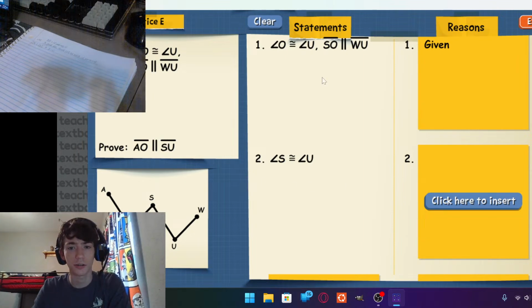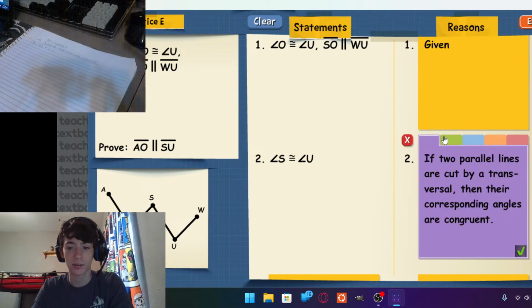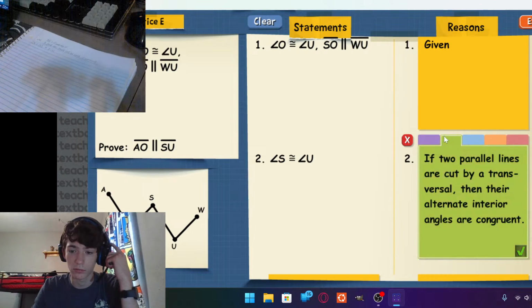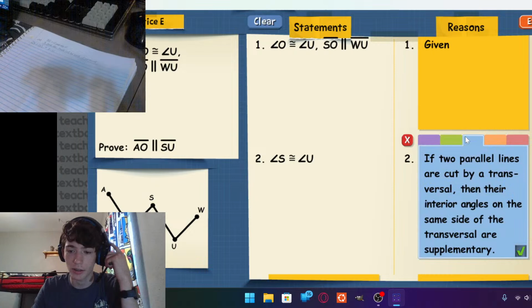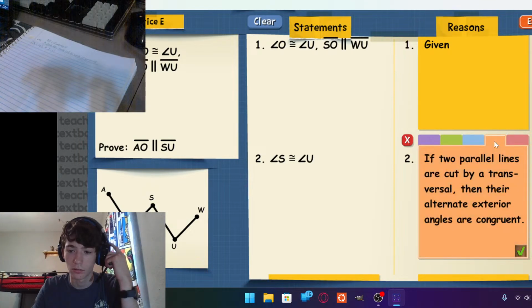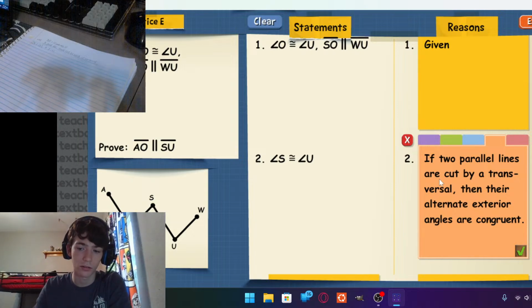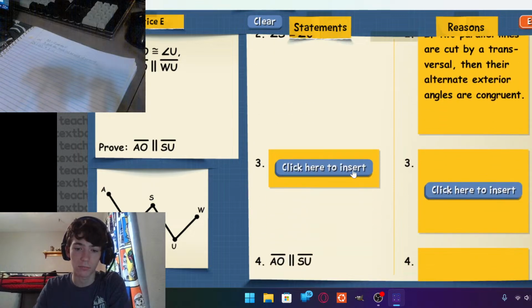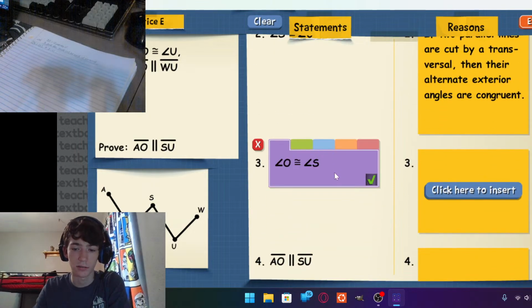Okay, there's no scratch pad for this. Oh crap. That's not corresponding, I don't believe. I think that's alternate exterior angles. Two parallel lines are cut by... Are those parallel? I think they are. I think that's gonna be it. But what would that get us for our next thing?